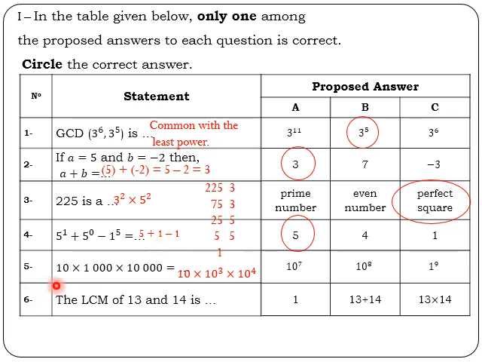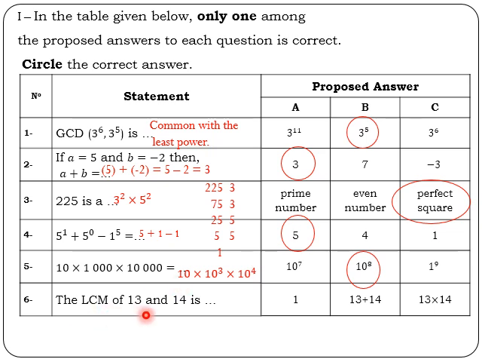Now 10 times 10 to the power 3, we have 3 zeros here, times 10 to the power 4. Here we have the same base multiplied by each other, so I have to add the exponents. 1 plus 3 plus 4 is 8. So the power is 8 and the base is 10. It's 10 to the power 8.